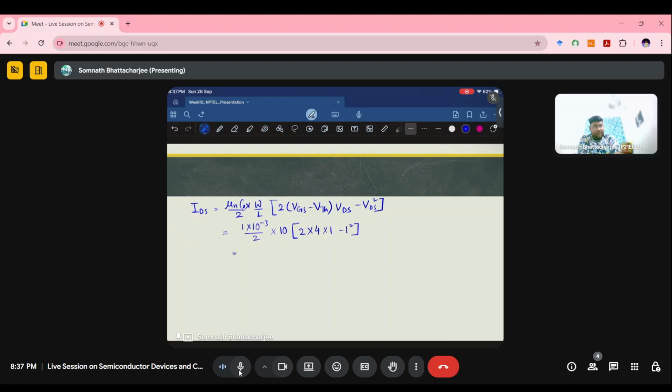So this is 8 minus 1, which is 7. So this is 7 times 10 by 2, times 10 to the minus 3, which is 35 times 10 to the power minus 3, or 35 milliamps. Yes, so this is 35 milliamps.